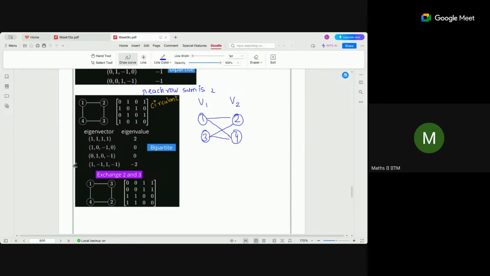But don't worry if you are getting a different eigenvector here, because the eigenvectors will be in terms of I. So you can notice that you can obtain one set of vectors from the other set of eigenvectors. For example, let's call these v0, v1, v2, v3.